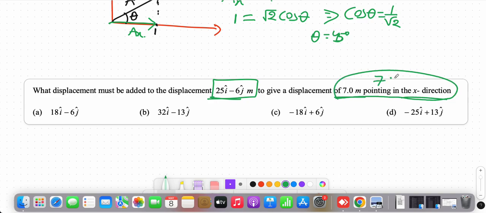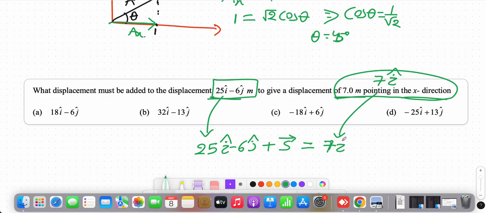This means 7 i cap. There is already a displacement of 25 i cap minus 6 j cap. What displacement do we need to add so that the final displacement is 7 i cap?